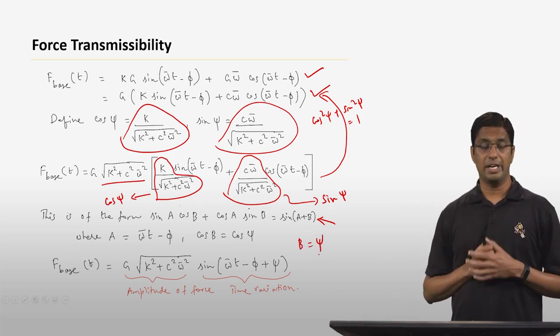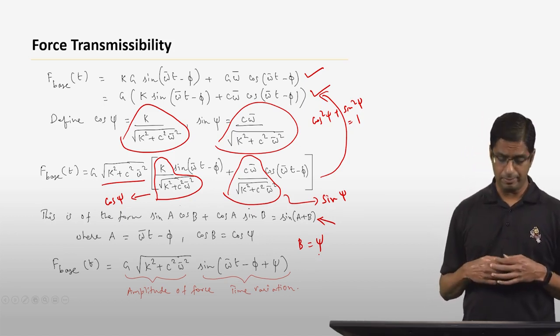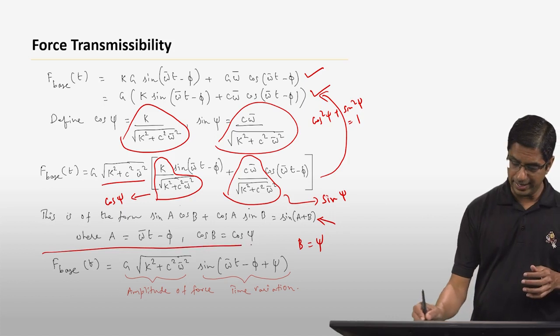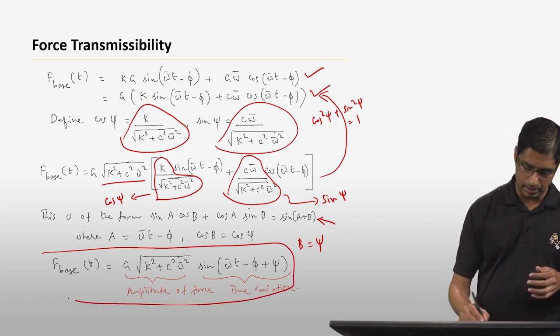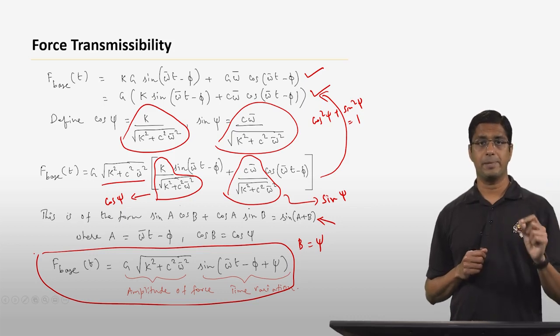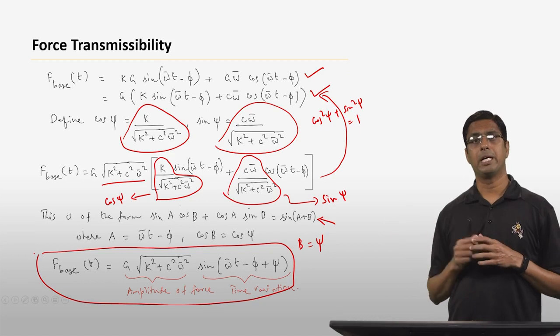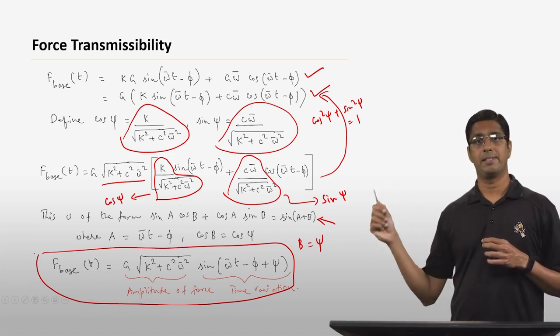So if you make this manipulation, you can write this f base of t in a very compact form. So f base of t becomes g times square root of k square plus c square omega bar square times sine of omega bar t minus phi plus psi.